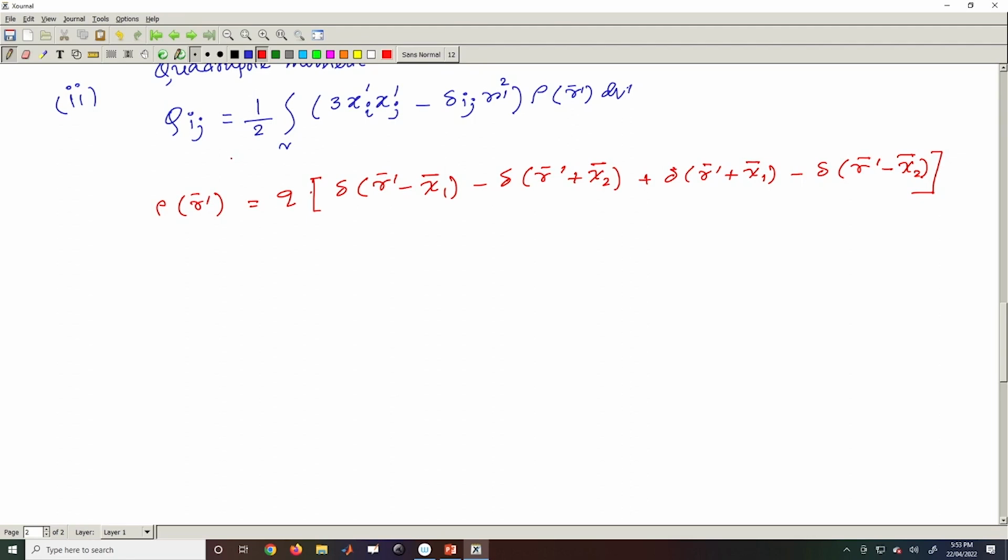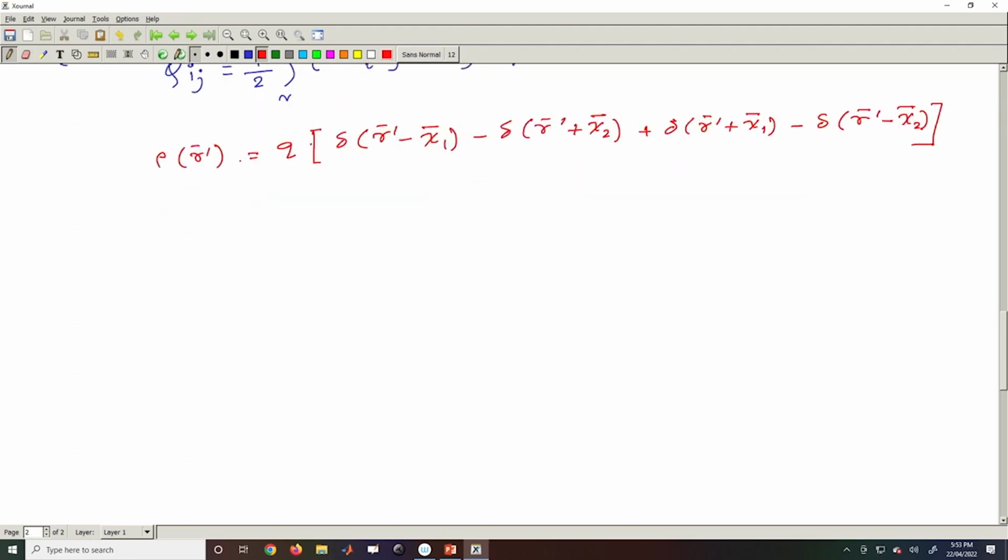But we know a few properties that we discussed last day, and that is q_ij is q_ji, the tensor is symmetric, that is property number 1, and property number 2 for this case is the summation of q_ii is 0, it is traceless, where i goes from 1, 2, 3.